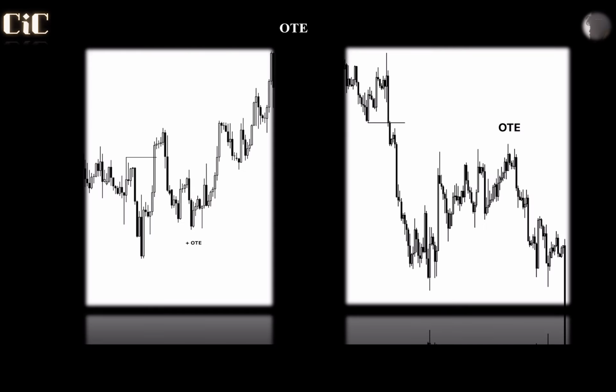OTE. OTE is basically a golden zone Fibonacci pull, which is terms which I don't expect any ICT trader to understand, because they're all just blind cult following sheep, which can be a good thing, right?